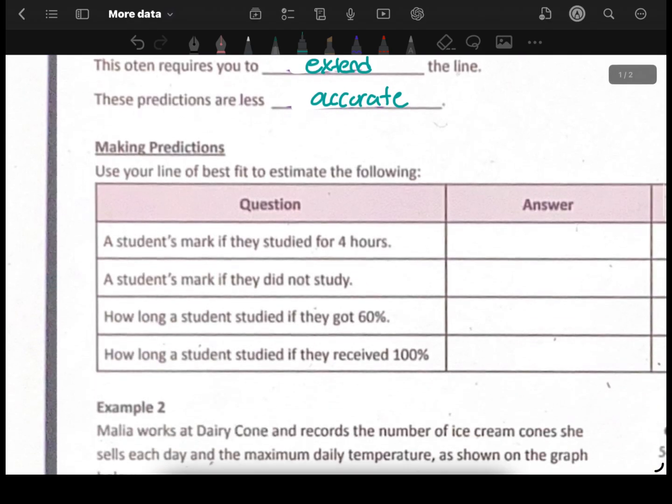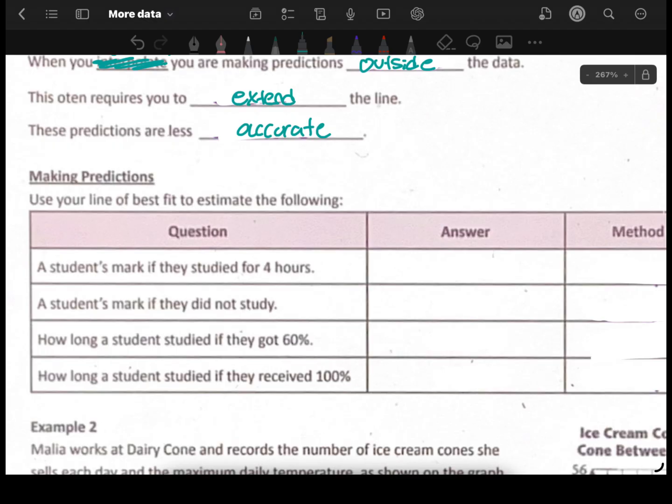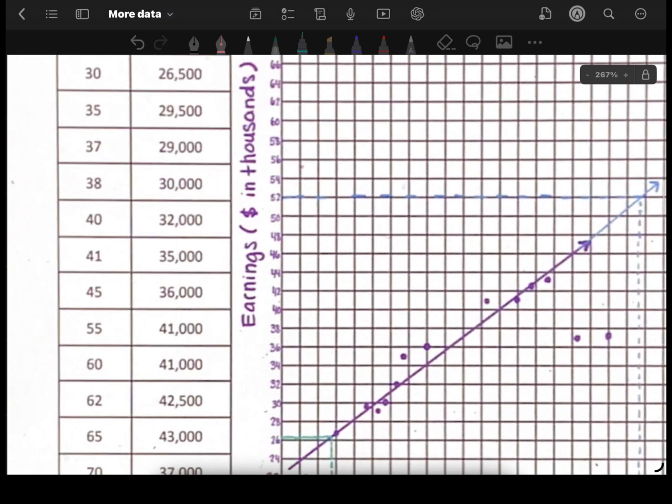So here, for example, we have lines of best fit, and we need to get an answer from it. So what do you guys think a student's mark will be if they study for 4 hours? In my opinion, I say about 80%. And this method would probably be interpolating. Now, of course, we're going back here.